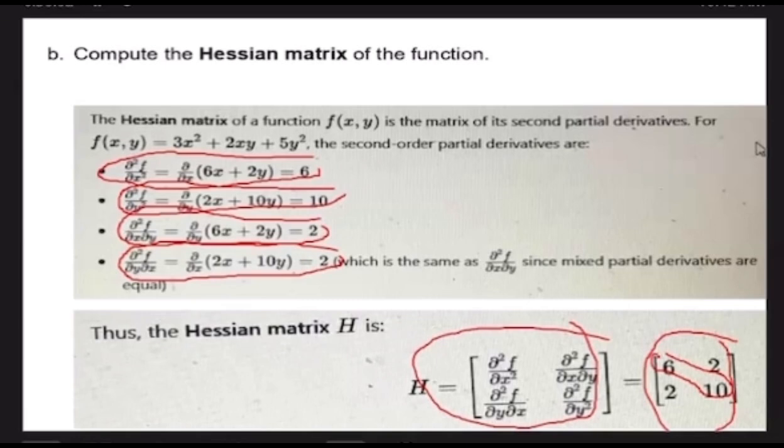If you also want to look at the determinant, it is going to be positive here too. 6 times 10 is 60, 60 minus 4, okay, that's positive. And look at the elements in the diagonal, 6 and 10. They are all positive, and it means positive definite. Okay, so take a look at how this is done.